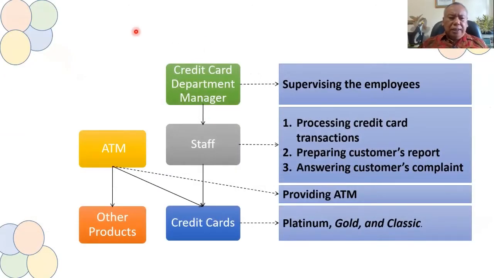So this is the example. For example, this is the credit card department, and there is also a manager for this department. So we can interview the credit card department manager. For example, what are your activities in your department?